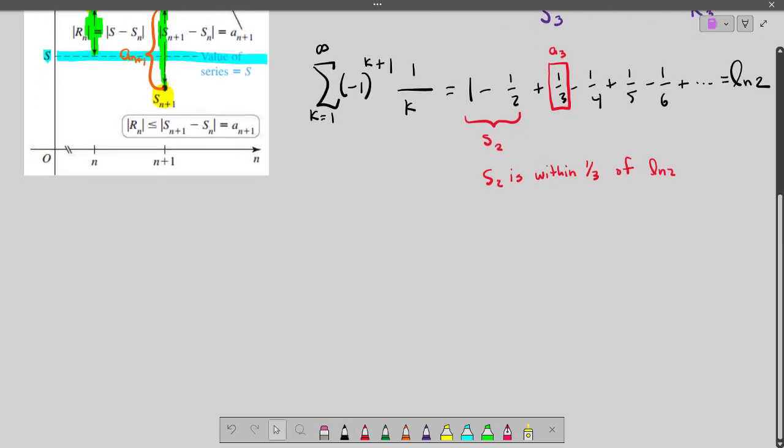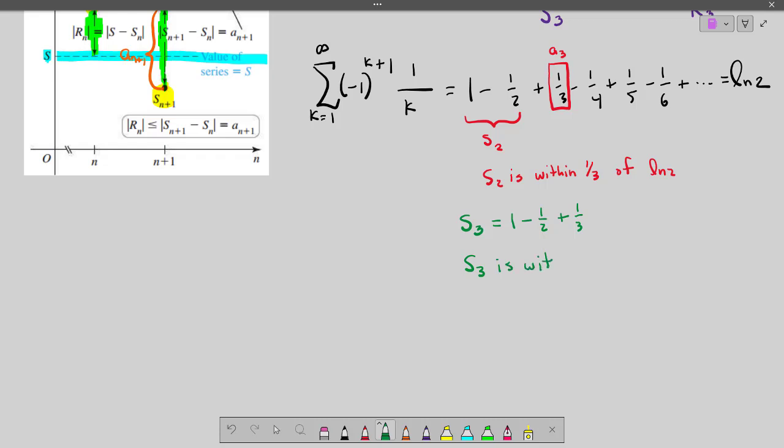So if we look at S sub 3, S sub 3 would be 1 minus a half plus a third. S sub 3 is within how much of natural log of 2? 1/4 of natural log of 2.